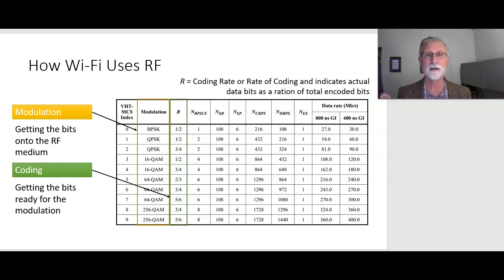And just know that coding and modulation are the two keys to increase your data rate. So as you're seeing us move towards wireless gigabit, know that the coding and modulation techniques have changed in such a way to put that much data on your carrier wave to create that signal.